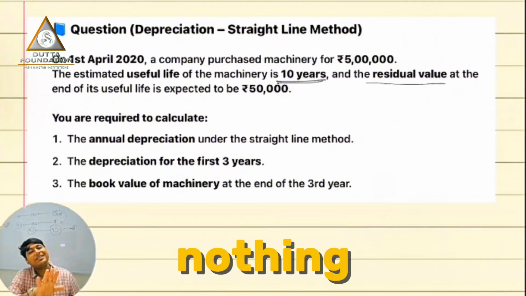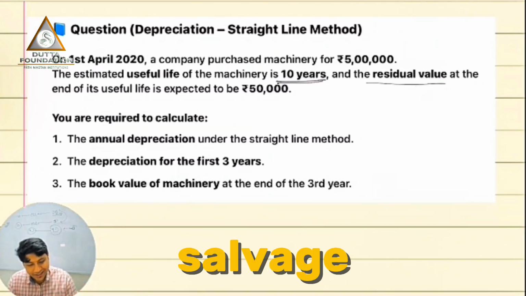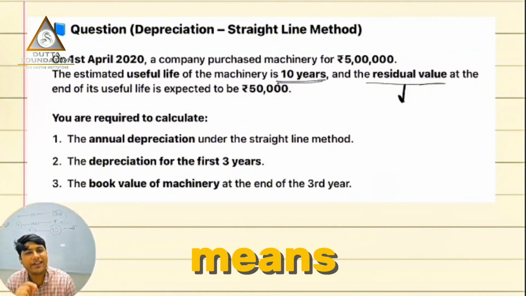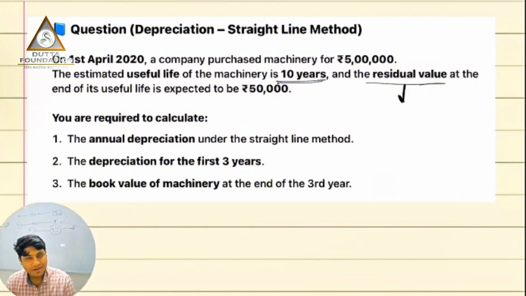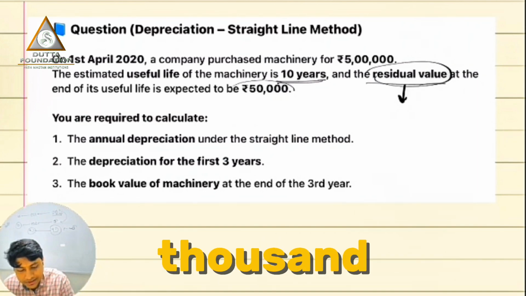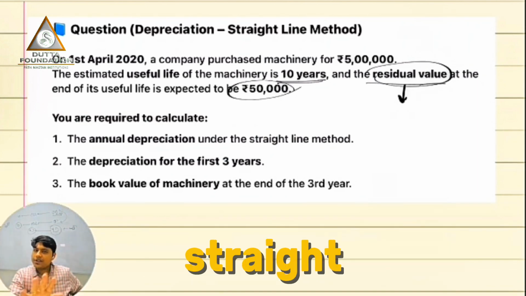Residual value is nothing but salvage. There are multiple names for salvage. It is called salvage, that is the residual value of the asset. It is 50,000. This information is given straightforwardly.